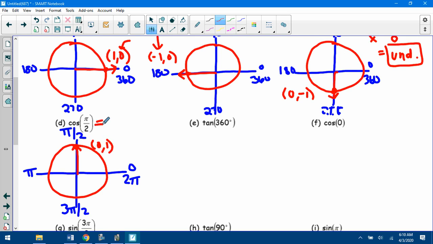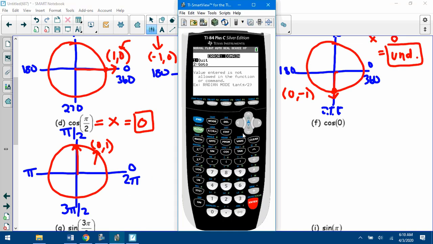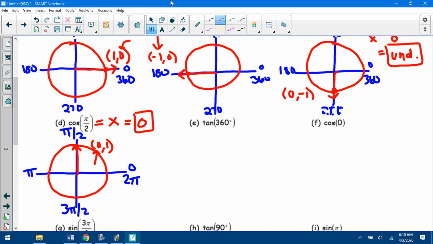Cosine is x or y? It's x. So the x coordinate is 0, and my answer is 0. What do I have to do first in my calculator if I want to check this? I have to switch my mode, because now I'm in radians. So mode radian, and then I can do cosine of pi over 2. 0. Tangent of 360.